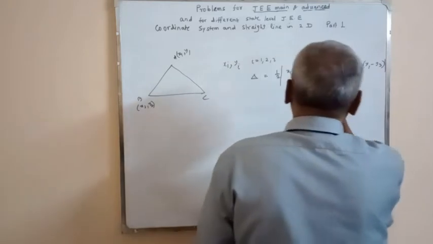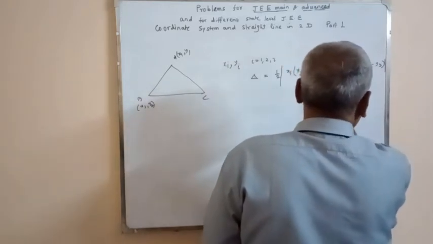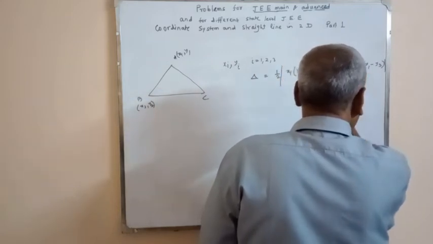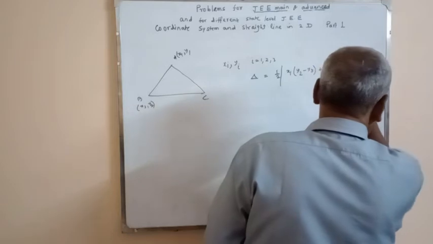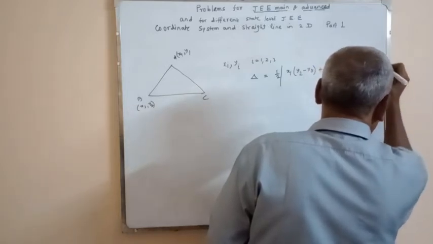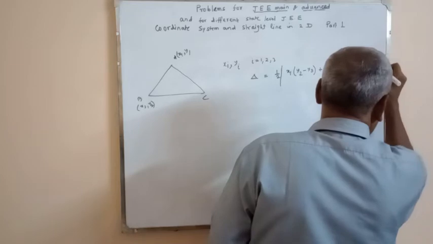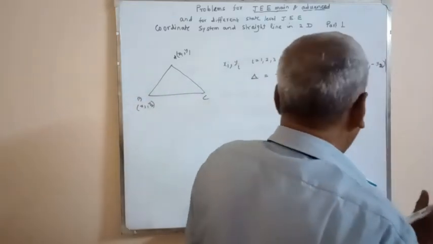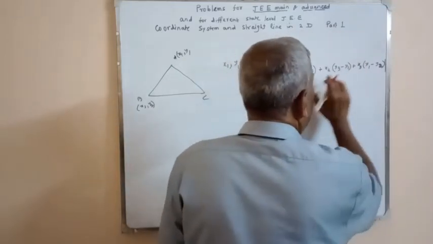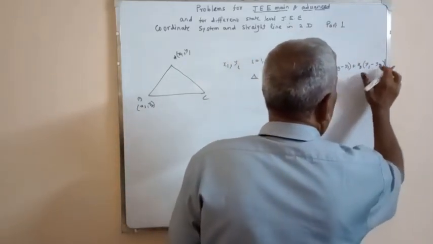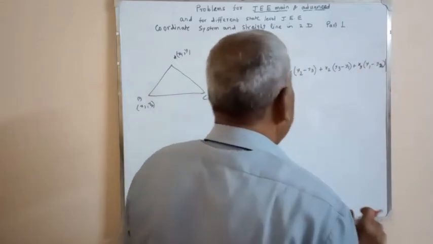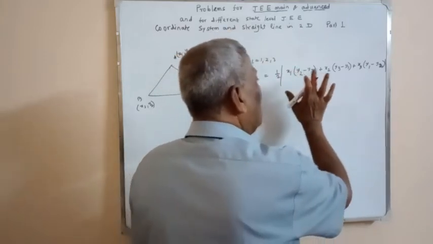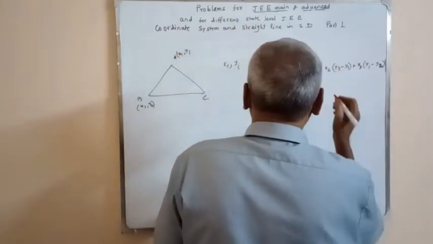Next one is x2 into y3 minus y1, 2, 3, 1. And similarly x3 into y1 minus y2, 3, 1, 2. Cyclicness is there.